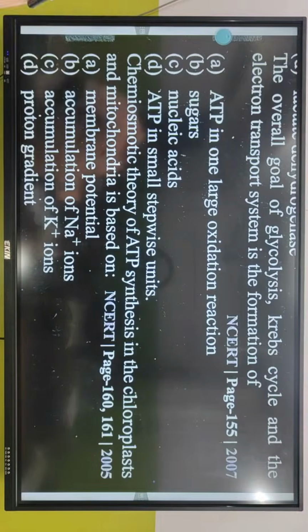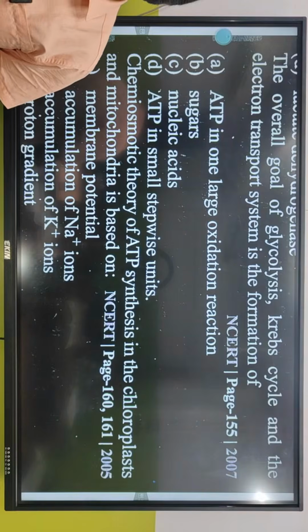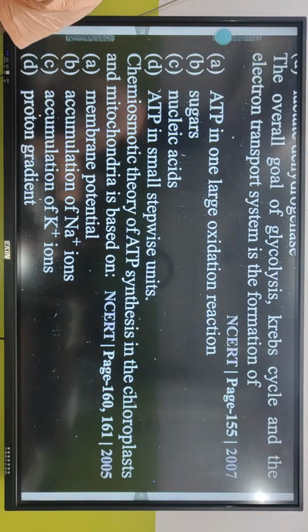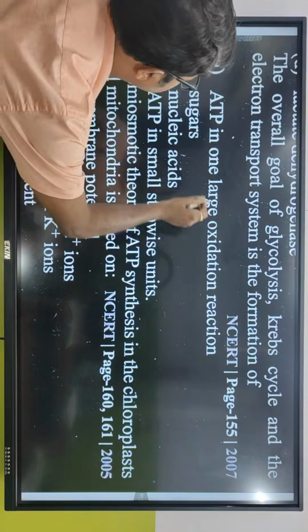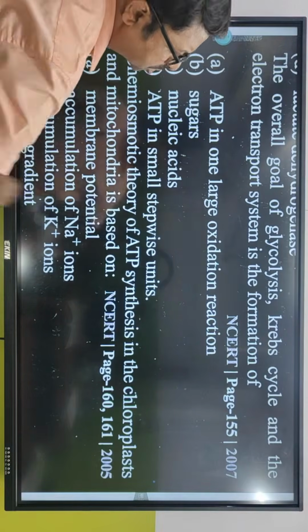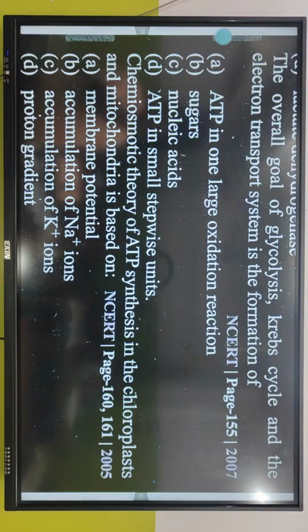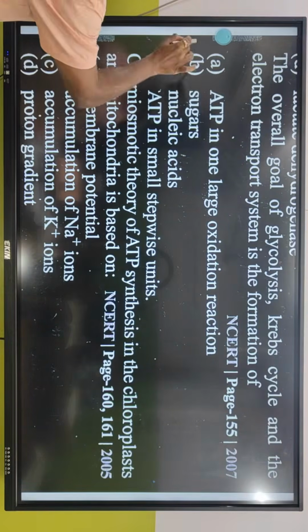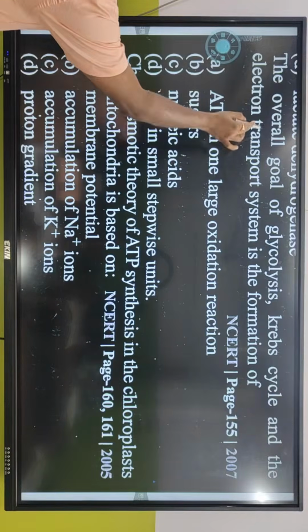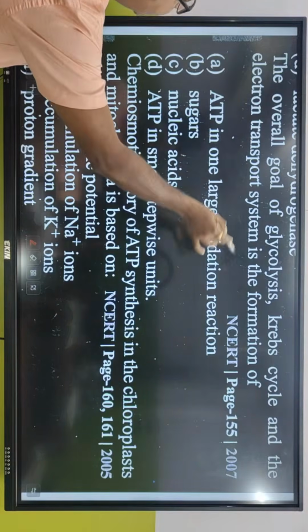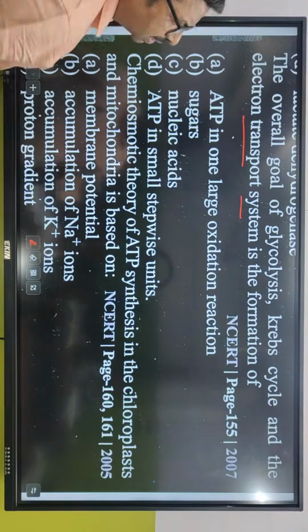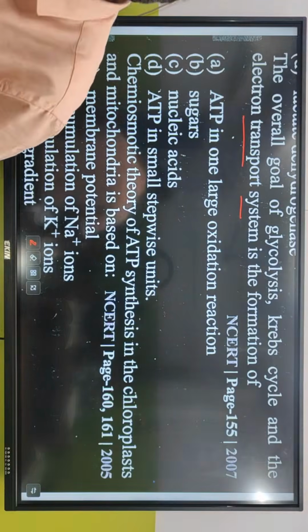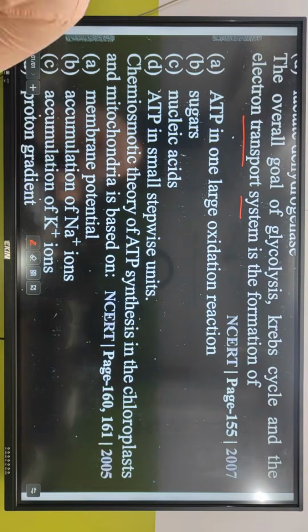What is this? The overall goal of glycolysis, Krebs cycle, and the electron transport system is the formation of ATP in small stepwise units.